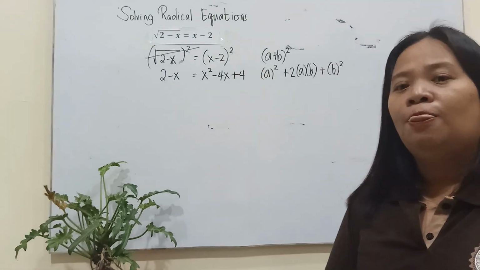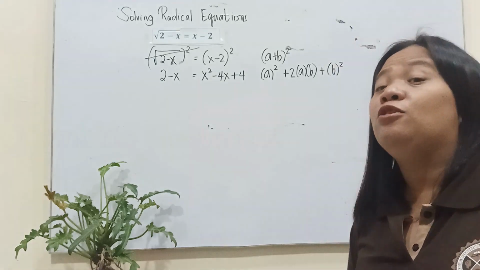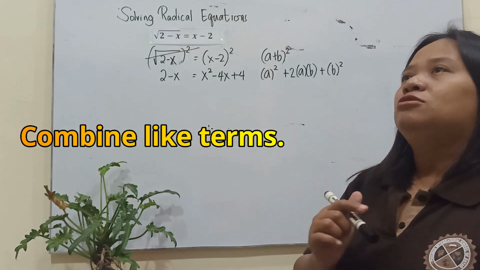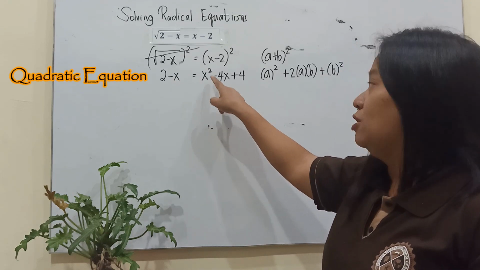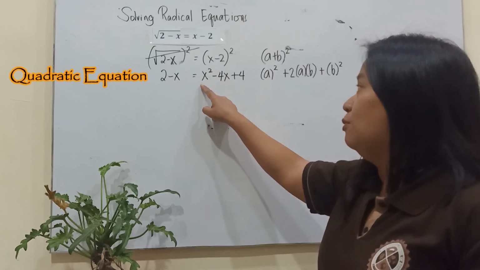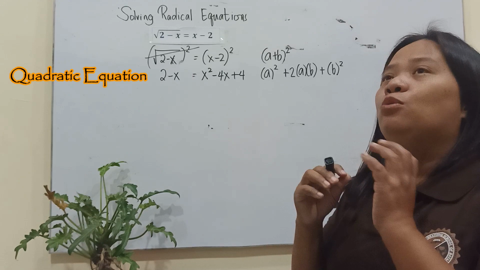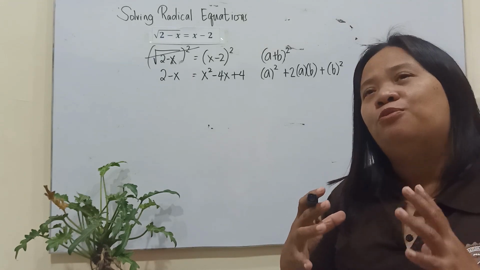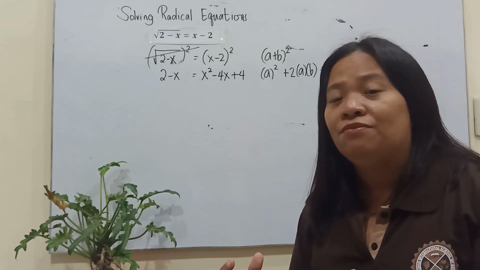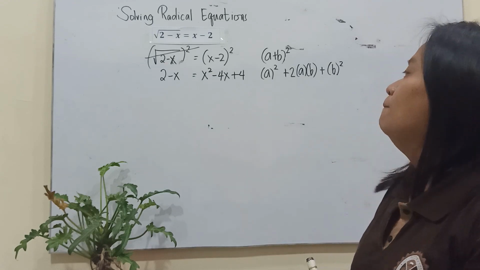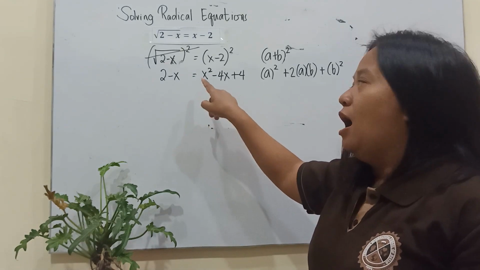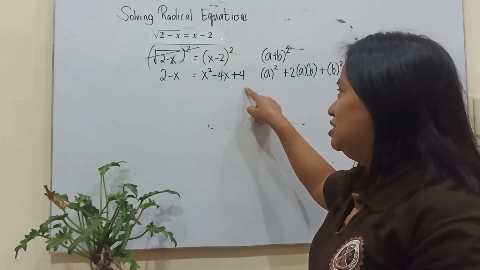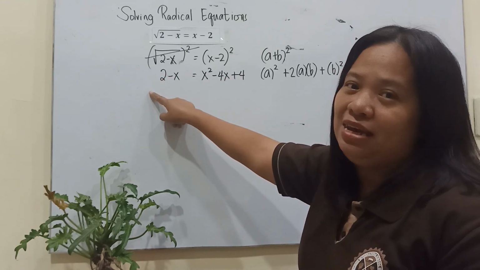Here, we are going to combine like terms. Since this is a quadratic equation, because the highest exponent of the variable x is 2, we are going to put all the terms on one side, then equate them to 0. Since x squared is already positive, I will not transpose it to the other side.